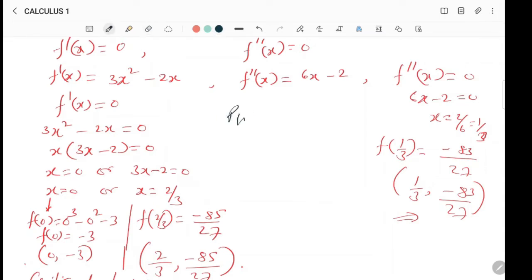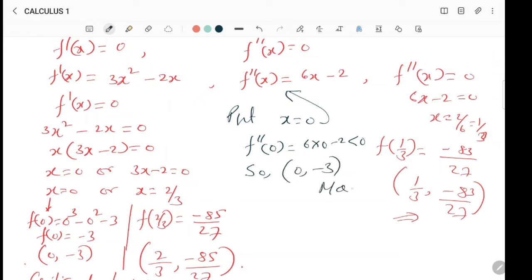So put first critical point 0 in f double dash x. So f double dash 0 is 6 times 0 minus 2, which is negative. So I can say when x is 0, 0 comma minus 3 is the point of maximum. Okay. Now put x equals 2 over 3 again in f double dash x.